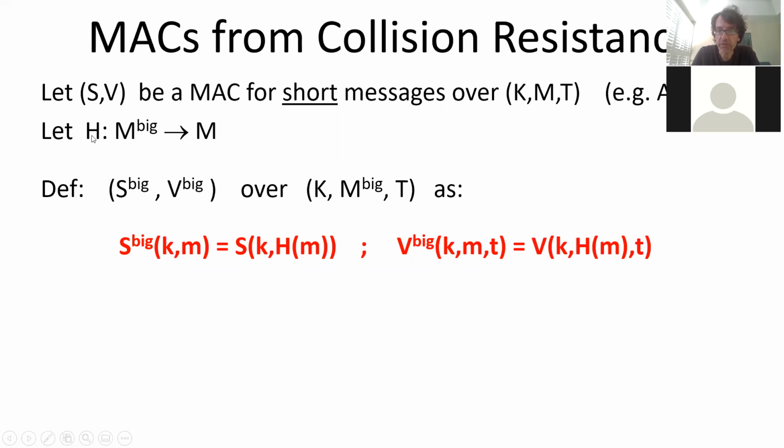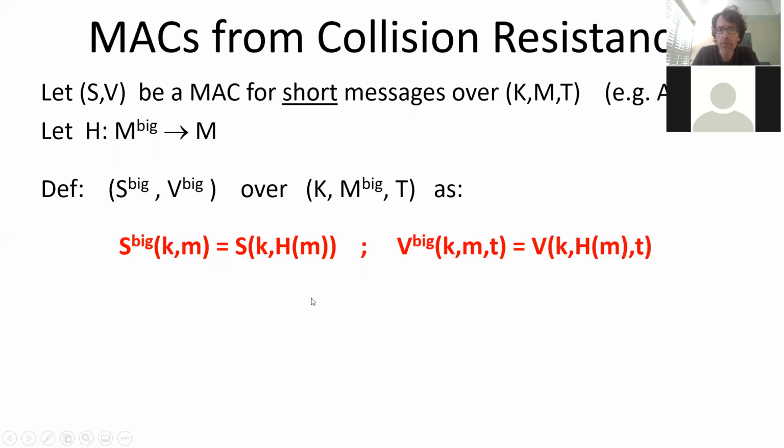So now, if I have a hash function that hashes any big message space onto the plaintext space of this small MAC, the MAC on short messages, so think PRF, like a block cipher, then I can now MAC messages in this big space, because in order to MAC them, I will apply the original MAC to the hash of the message. And in order to verify it, I will again hash the message and apply the original verification to the hash.